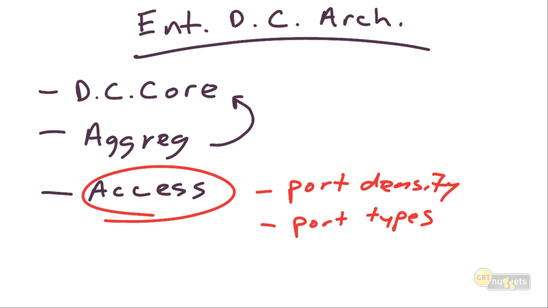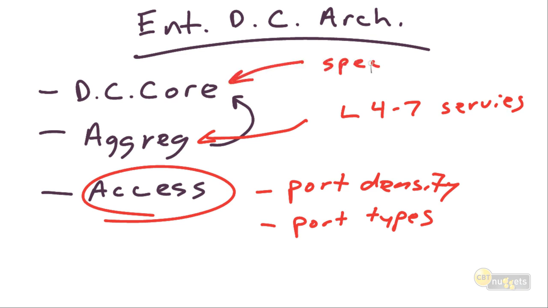At the data center aggregation layer, we're going to find a bunch of layer 4 to layer 7 services that exist for things like security, for functions like high-level management of the infrastructure.